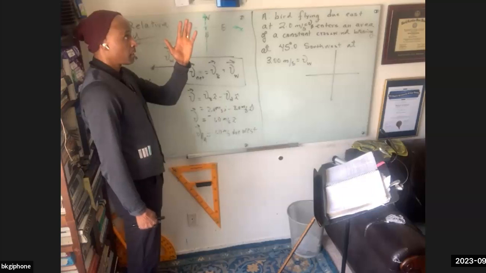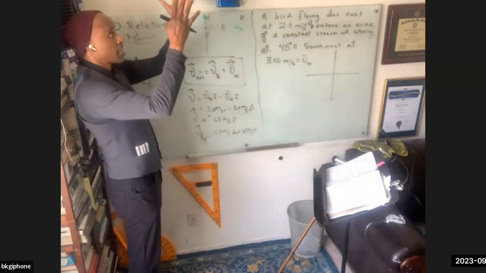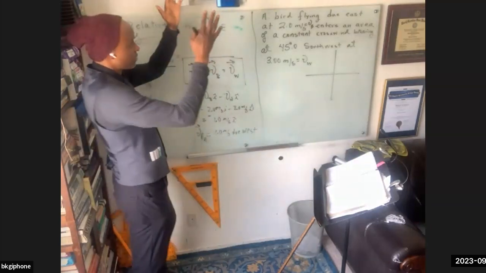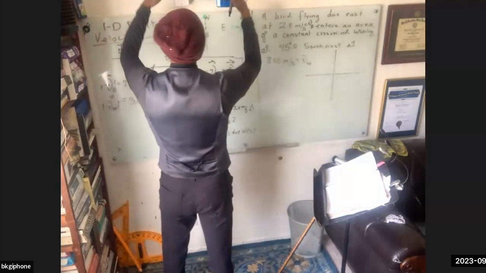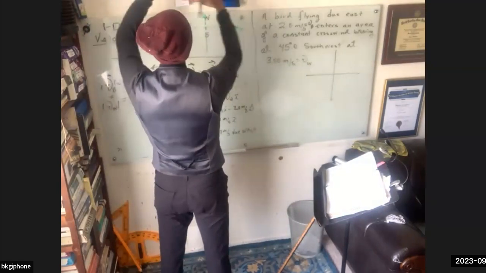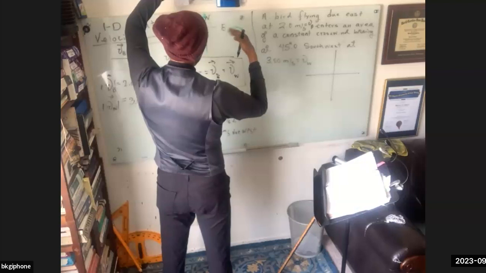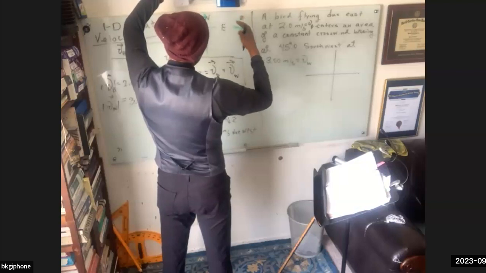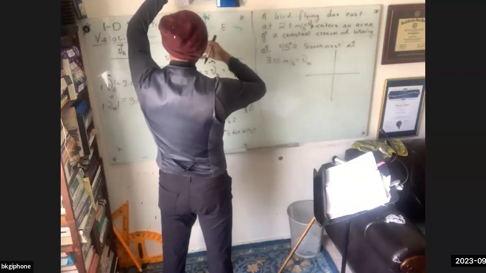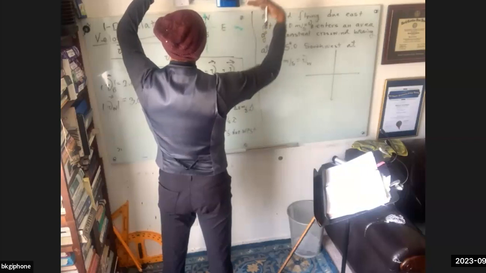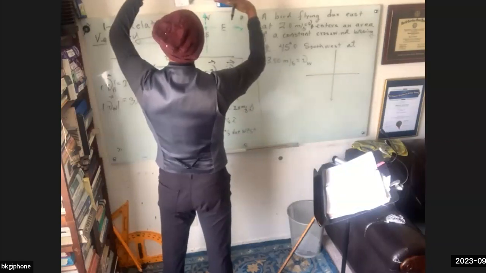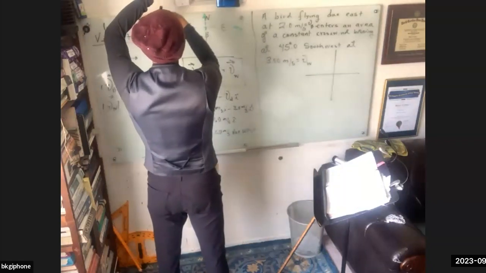So what you're looking at is a superposition of the bird and the wind. The bird's flying backwards because of the superposition of his ground speed and the wind. If there were no wind, his ground speed would just be 2 meters per second. But when the wind is in there, they combine and the bird flies back, right?